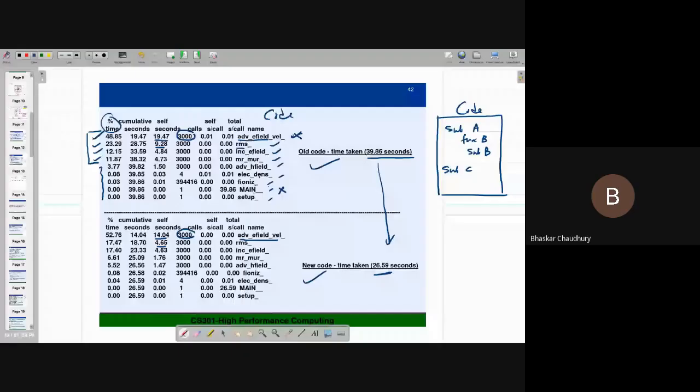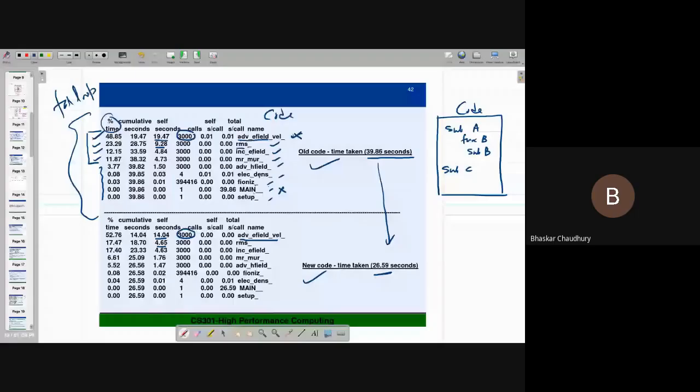But if you look into the cost, they are still the same. You are still calling it 3000 times. Here also you are calling it 3000 times. So this is an iterative algorithm where you are calling the subroutines again and again. All these subroutines are inside a big for loop actually. Okay, this part is clear to all of you? Yes, sir. Any further questions?